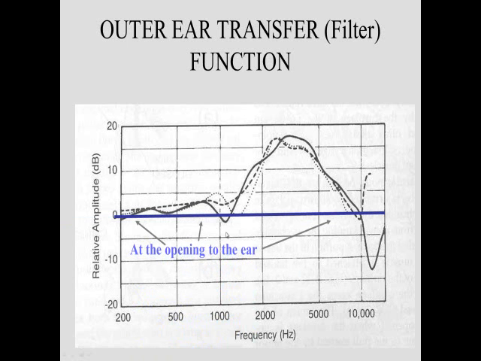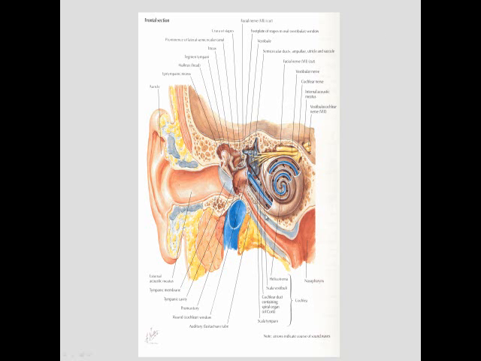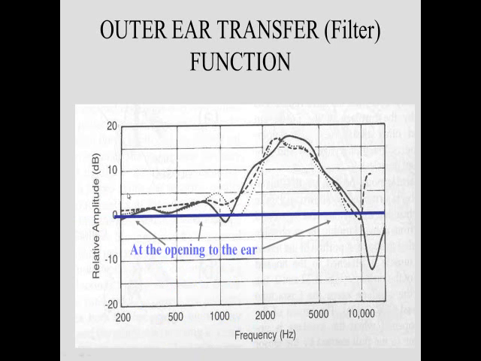Now, if this is what was picked up by the microphone here, then we would know that the outer ear was having no effect on that sound. And in fact, if we took those two microphones and moved them away from the head, put one over here and one over here, and presented that same sound, you better believe you would see that same spectrum.